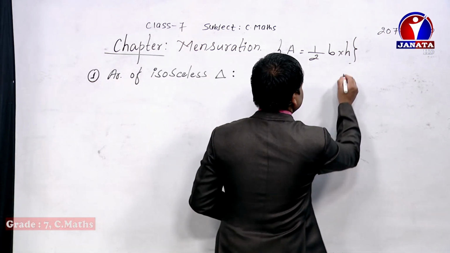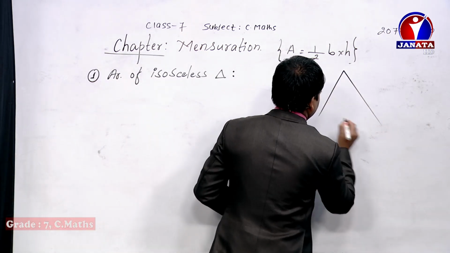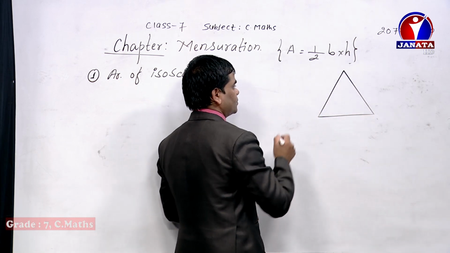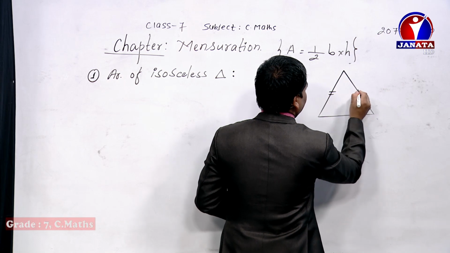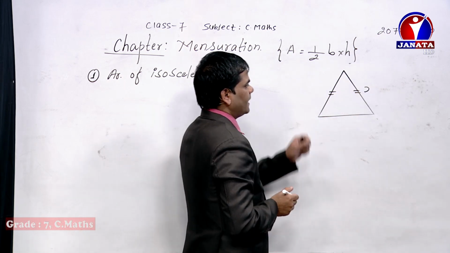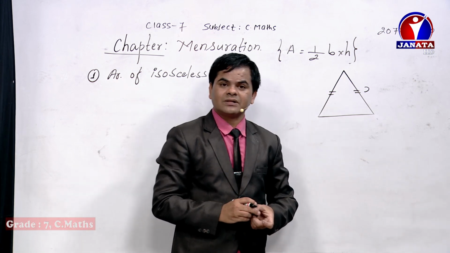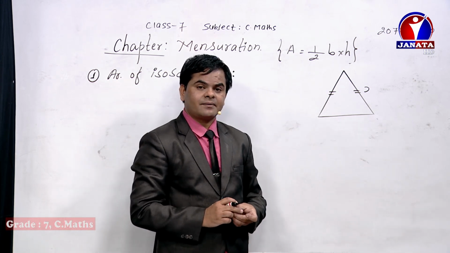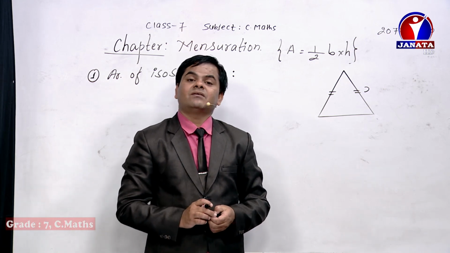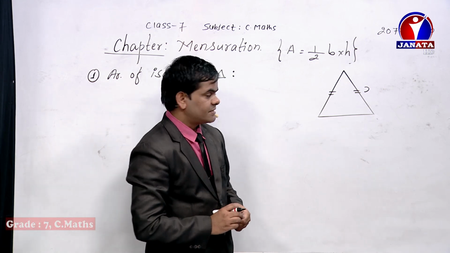We discussed different types of triangles, and among them the isosceles triangle also. A triangle whose two sides are equal, and opposite to the two equal sides, the base angles are equal to each other, such a triangle is known as an isosceles triangle.